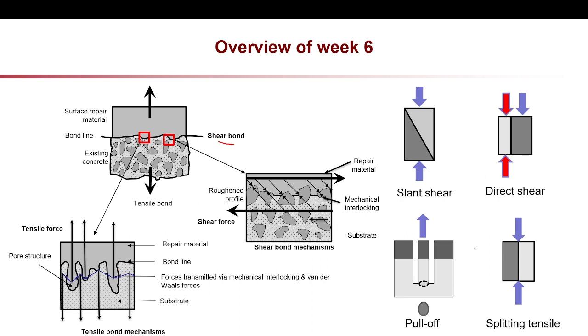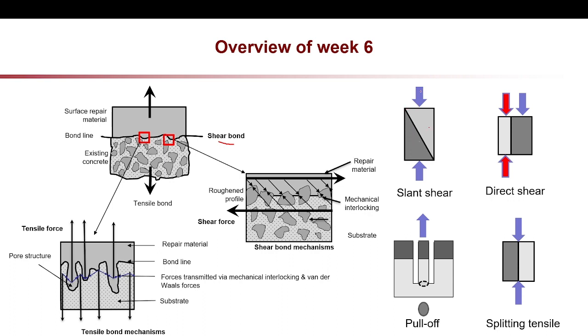And the other thing is how we measure the repair and substrate bond strength. There are four major tests. First is the slant shear test. This is our substrate material and this is our repair material.